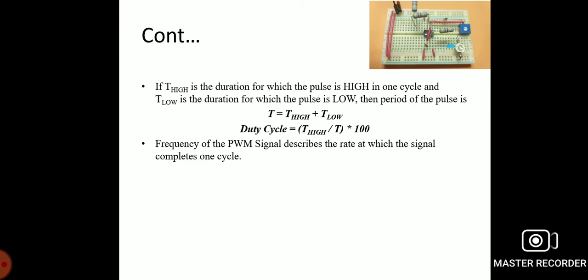So the duty cycle is equal to T high divided by the total time, multiplied by 100. The frequency of the PWM signal describes the rate at which the signal completes one cycle. So these are the analytical expressions of pulse width modulation using the IC 555.